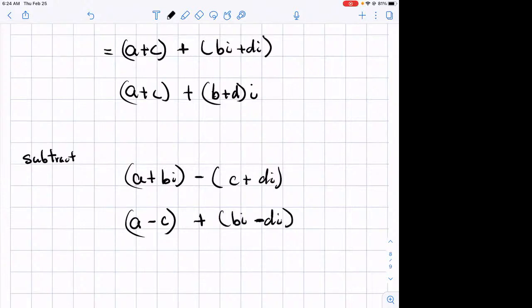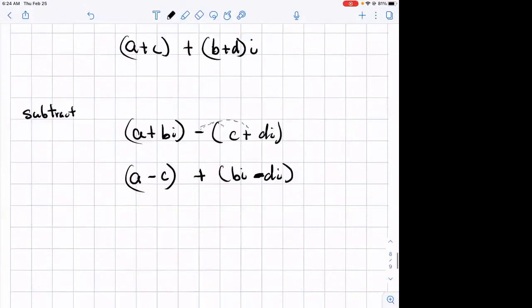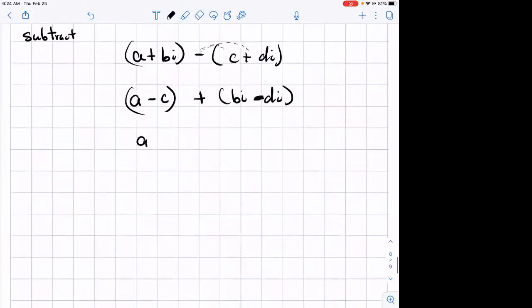So keep in mind we get a minus here because if you distribute, that will be a minus. And we can say that this is a minus c plus b minus d, and i goes on the outside.